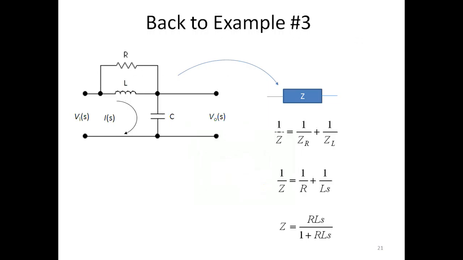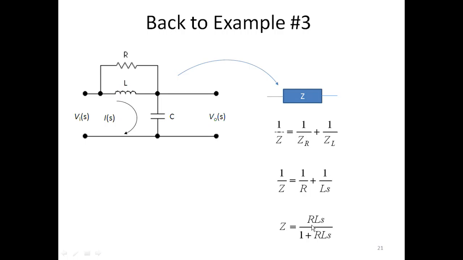By understanding all this basic knowledge regarding equivalent impedance, now we will find the total impedance across R and L if they are connected in parallel. So the inverse of total impedance is equal to 1/ZR plus 1/ZL. So 1/Z is equal to 1/R plus 1/Ls.